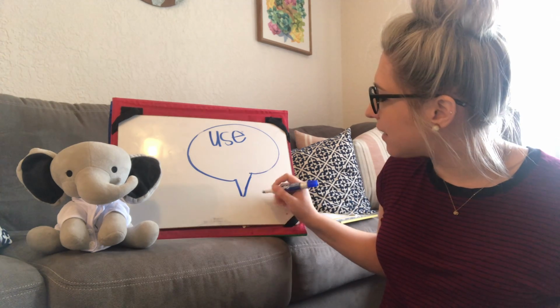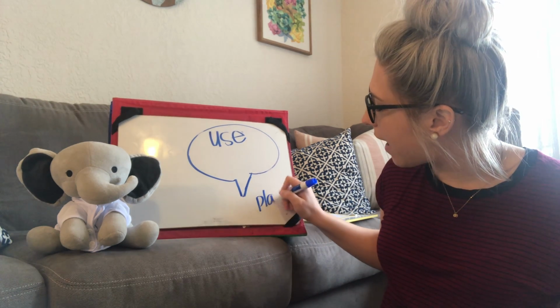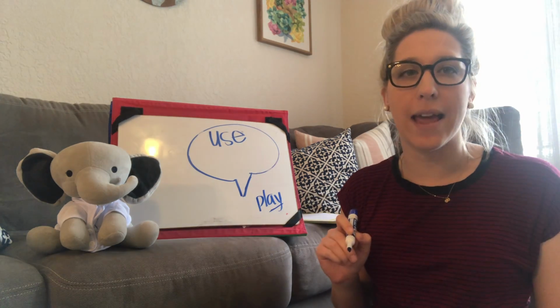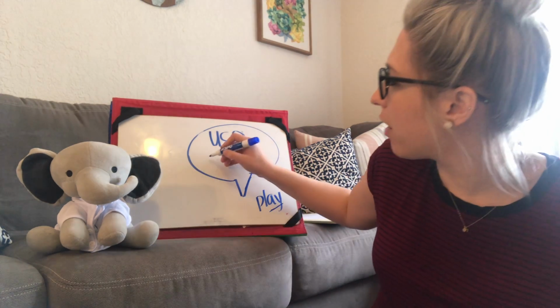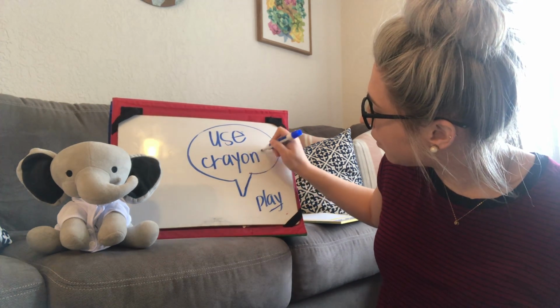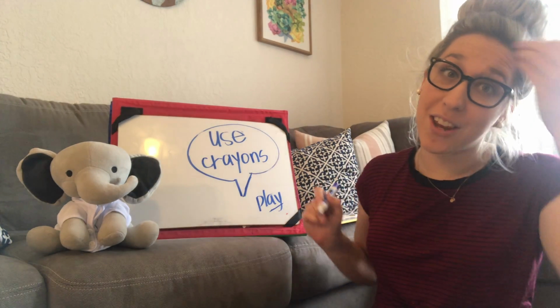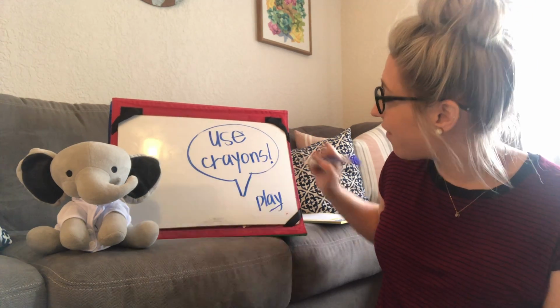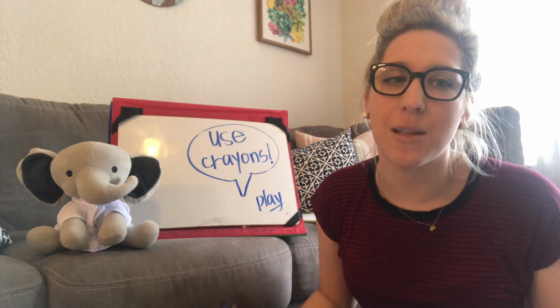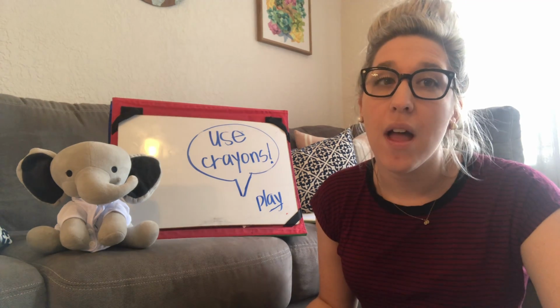I know that play is spelled P-L-A-Y. So I'm going to use that A-Y for cray. Cr is C-R. Use crayons. Very good.